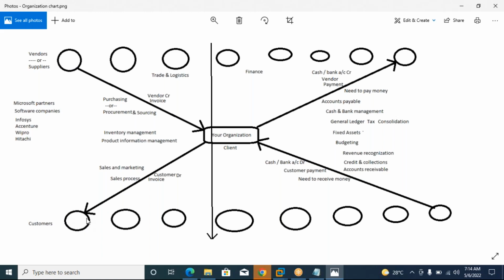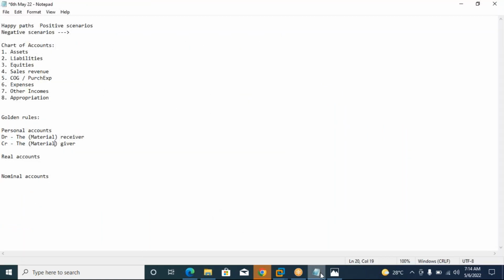The customer. So the receiver means the material is going to the customer account, and the giver means the vendor. So always vendors will be credited and customers will be debited. With this you can understand easily.